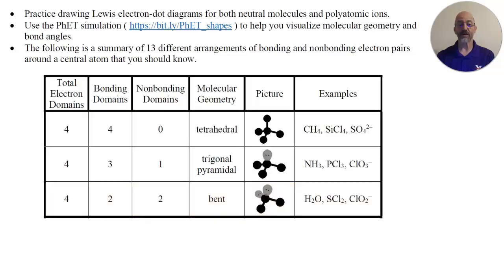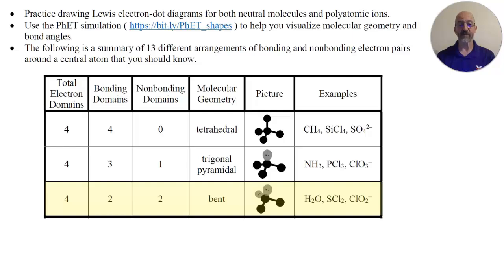With 4 electron domains, you could have 4 bonding, 0 non-bonding, tetrahedral, and there are some examples of that geometry. 3 bonding, 1 non-bonding domain, trigonal pyramidal. And if you have 2 bonding and 2 non-bonding, it would be bent, as we see with water.